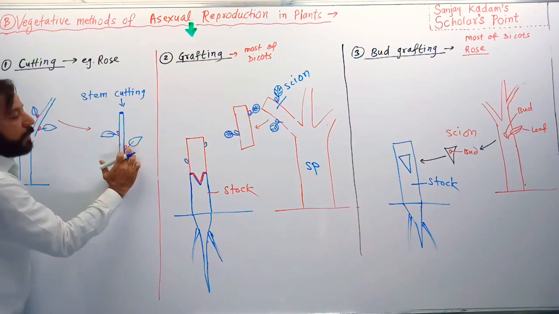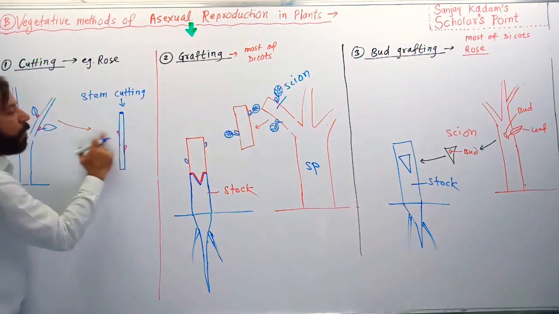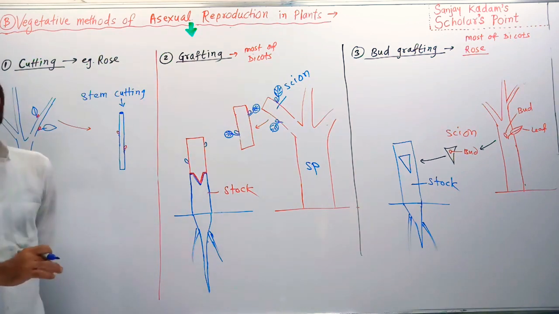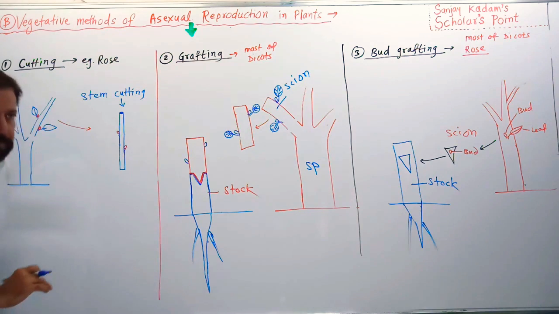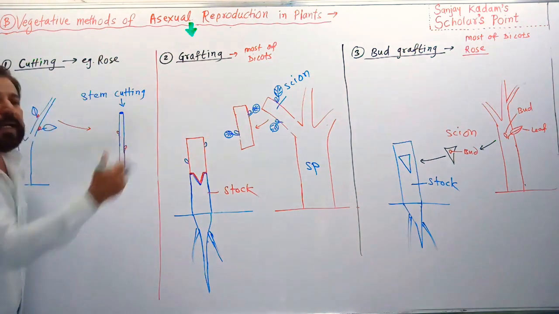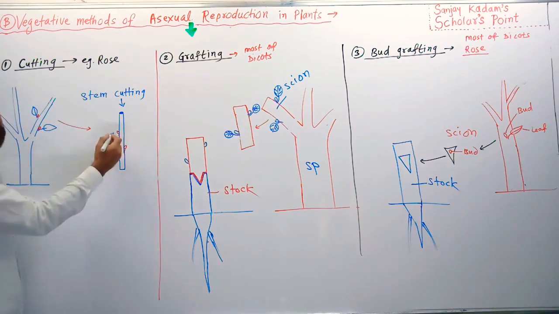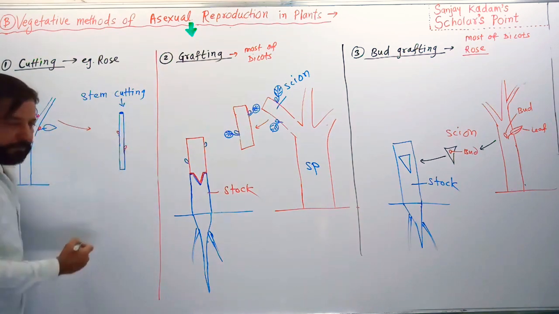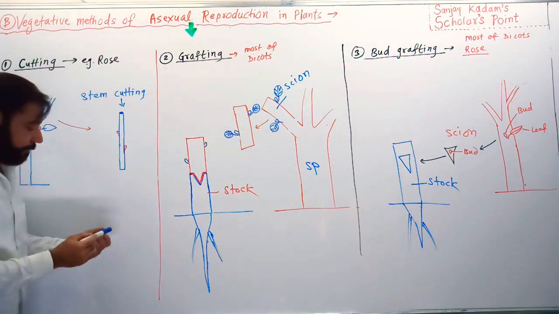Now leaves are removed. That process is called de-leafing, and buds are kept as they are, because from buds we get new branches. Now this separated stem cutting is allowed for propagation.